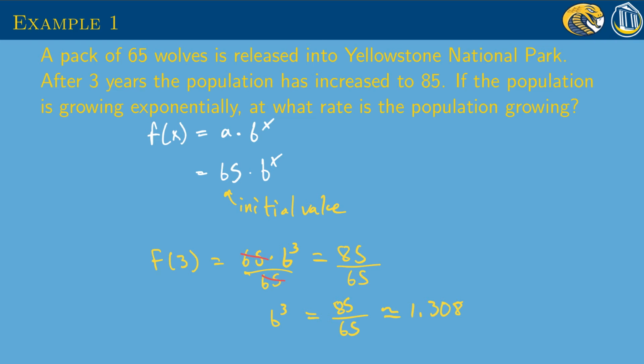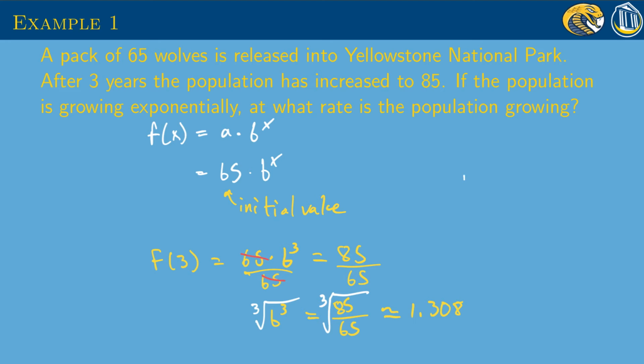If we want to find the exact value of b, then we need to undo this to the power of 3 by looking at the cube root of it. So that's raising to the power of 1/3, or looking at the cube root. And anything we do on the left, we have to do the same thing on the right.